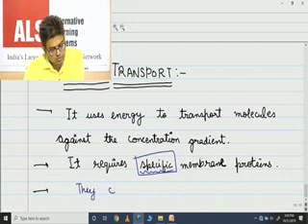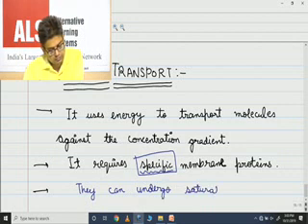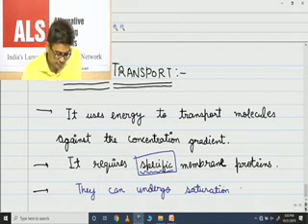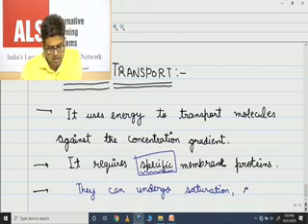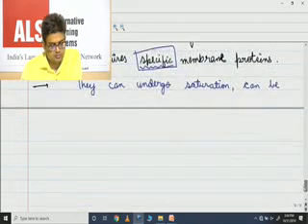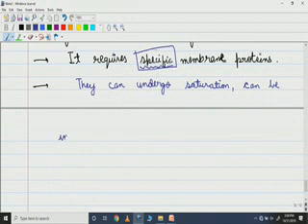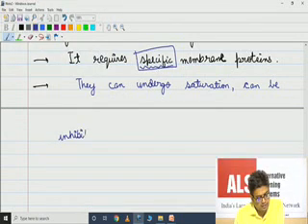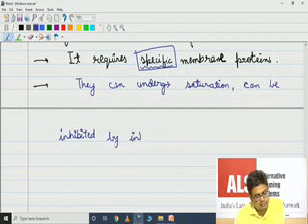They can undergo saturation. They can be inhibited by inhibitors.